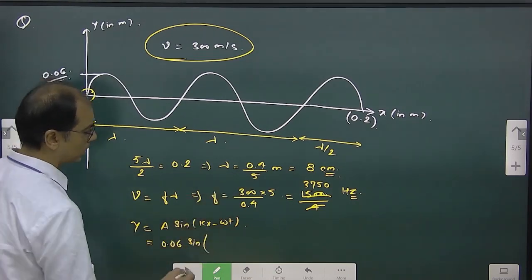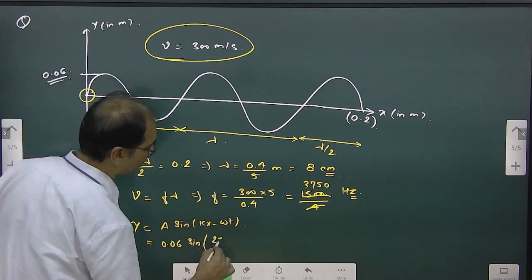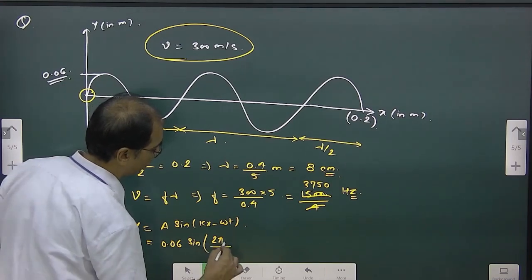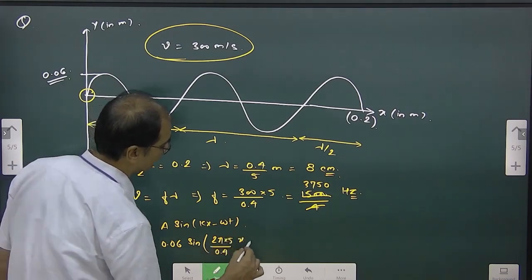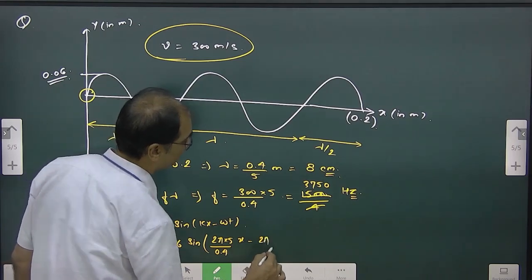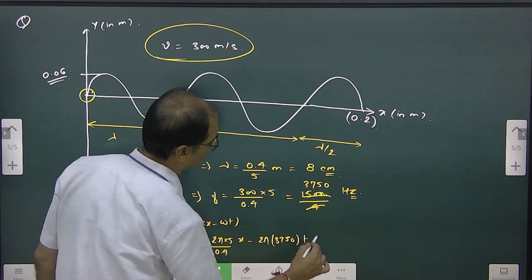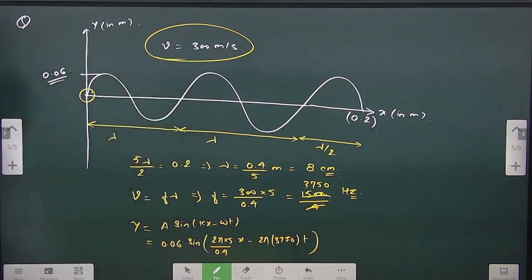Lambda is this. 2 pi by 0.4 by 5 x minus 2 pi into frequency 3750 into t. That's it. Clear? Students, is it clear?